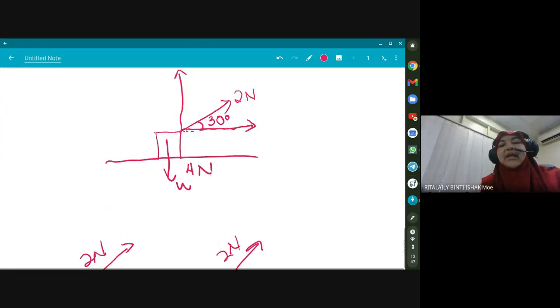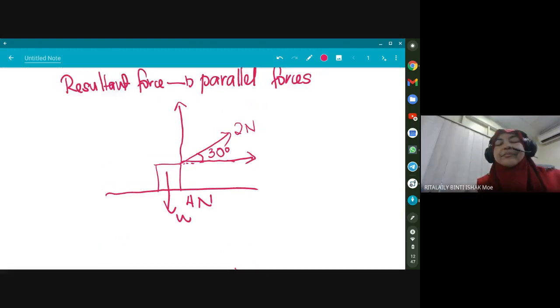Okay. So here, to calculate the force that act on the object, untuk force yang buat angle ni, kita boleh pecah kepada dua komponen. Okay, one perpendicular and the other one is parallel to the surface.